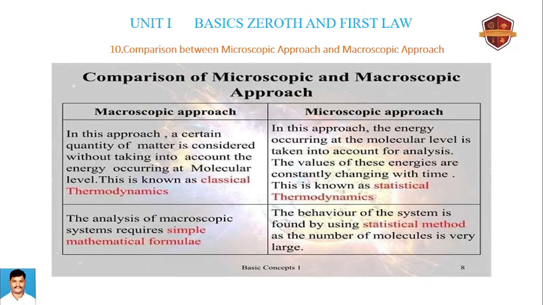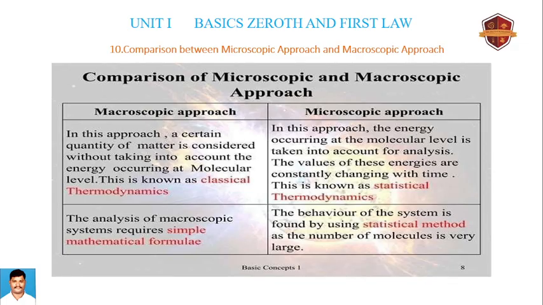Next one is the comparison between the macroscopic approach and the microscopic approach. What is the macroscopic approach? A certain quantity of matter is considered without taking into account the energy occurring at the molecular level. This is known as classical thermodynamics. In the microscopic approach, the molecular level is taken into account for analysis.